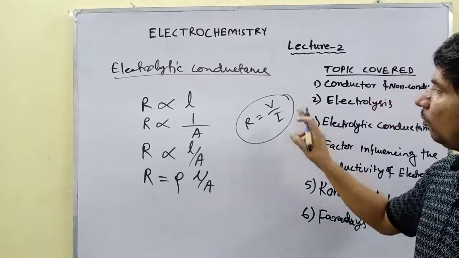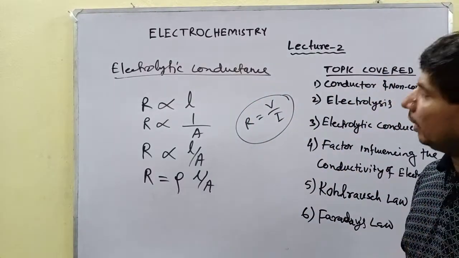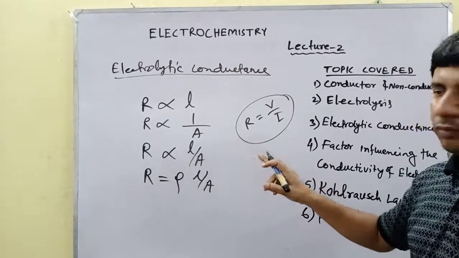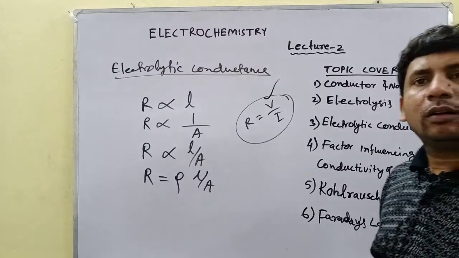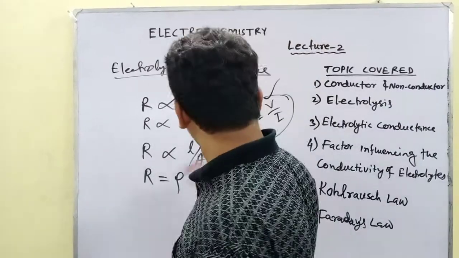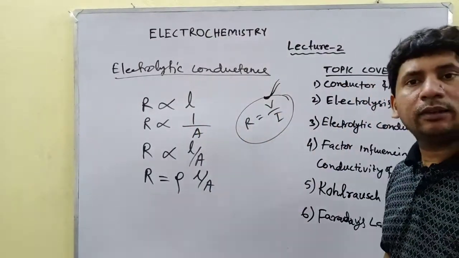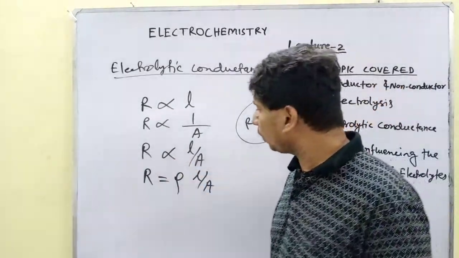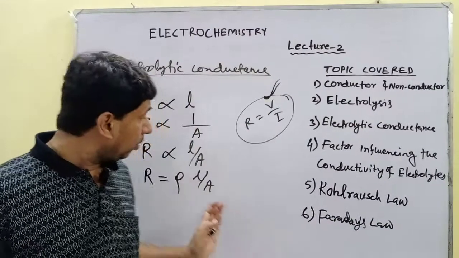That is volt per current, or V equals IR. That was for the metallic conductor. Now if we are taking the electrolytic conductance, what is the R?